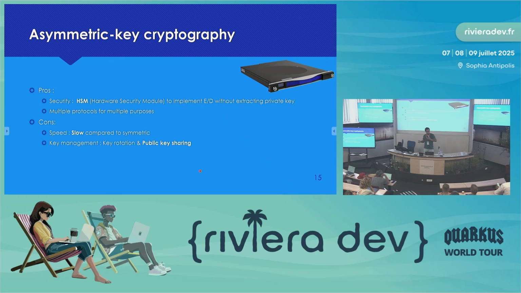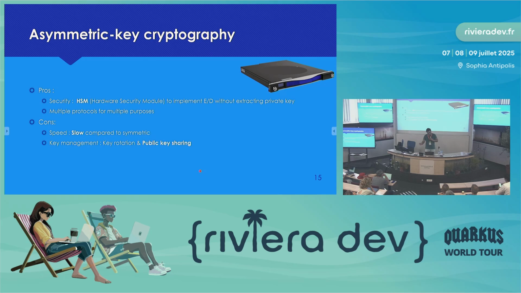So if your application is using this hardware to encrypt some message, it will send the message to the hardware and get an encrypted value from it. So you don't need to extract the private key. It is important because if your application gets hacked, there is no way that the hacker can get your private key.